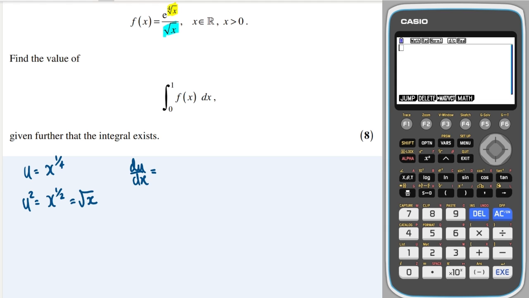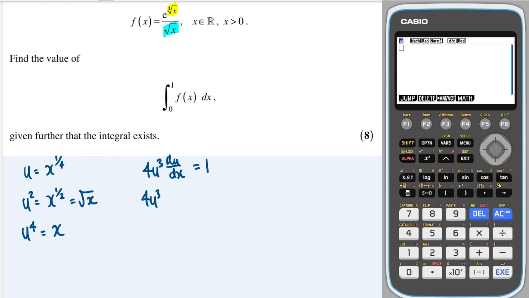Okay, we need to differentiate, so du by dx is equal to, in fact actually no, I'm not going to do that, because my one rule is when I do integration by substitution, I don't like the square roots getting involved. So instead I'm going to square again to get u to the 4 is equal to x. I'm going to differentiate that. Brilliant. 4u cubed du by dx is equal to 1.